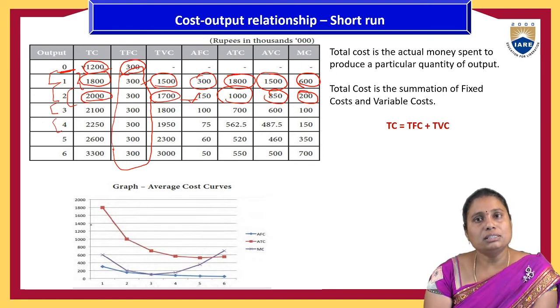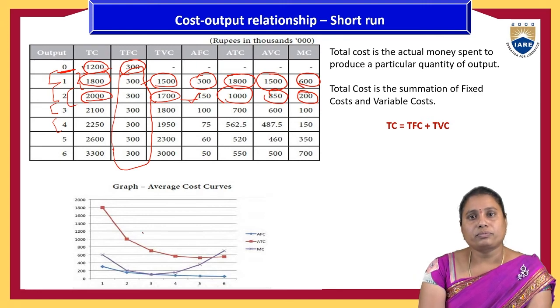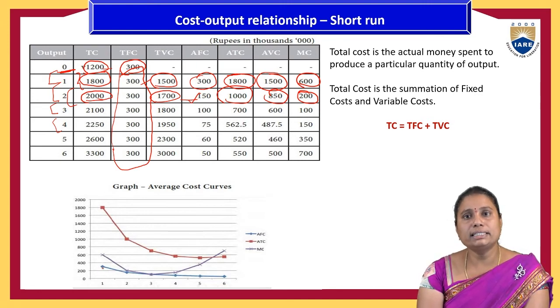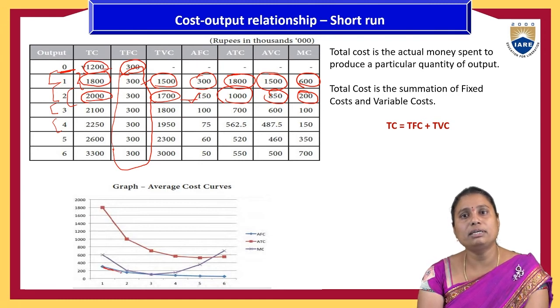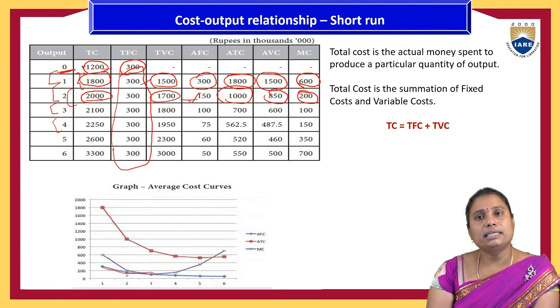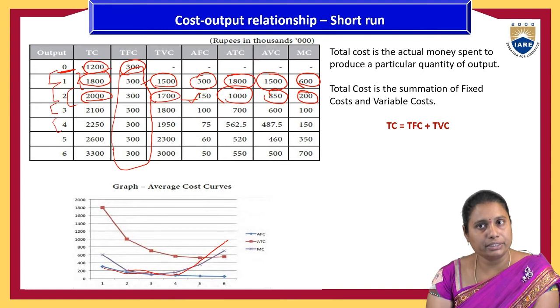Once we see the graphical representation of this, the blue line indicates the average fixed cost. Average fixed cost is reduced up to a certain level, but then in most cases it is constant, and later the average fixed cost levels will increase.